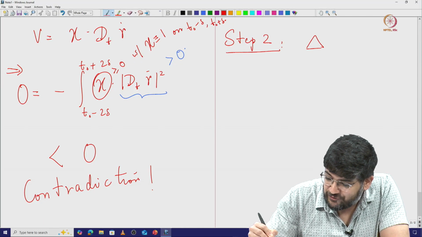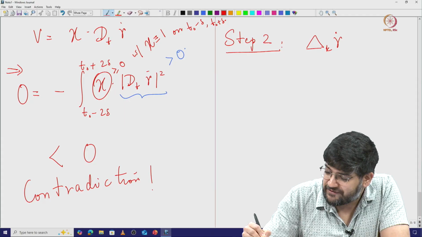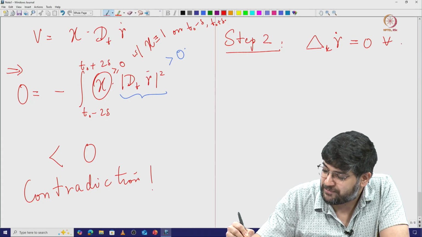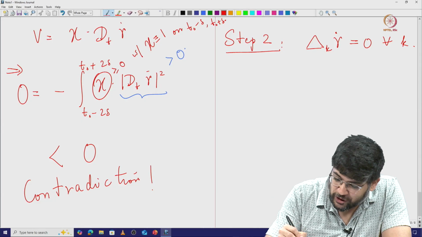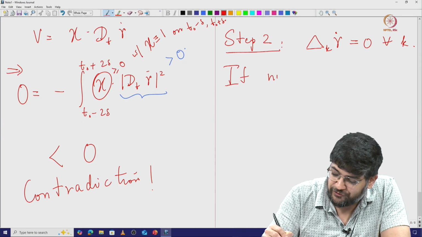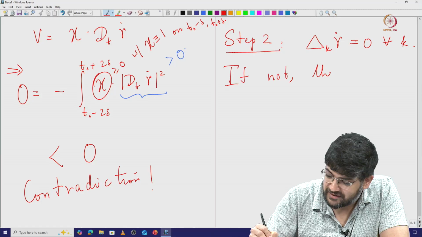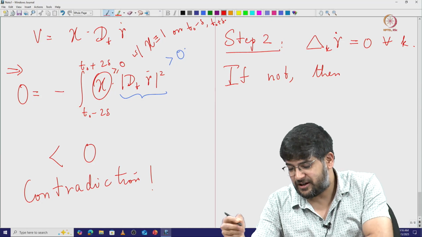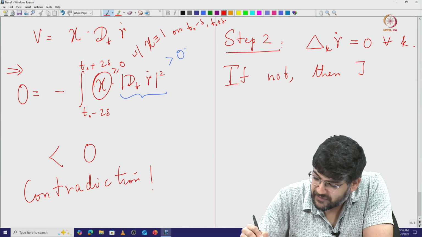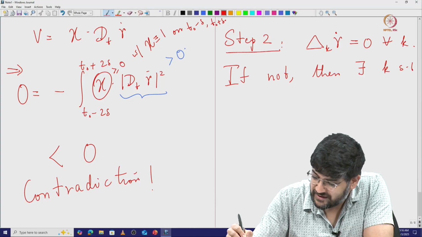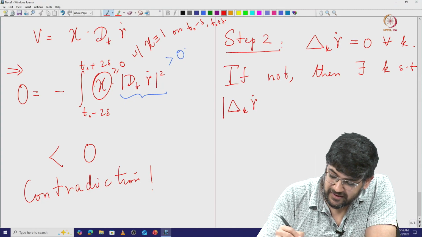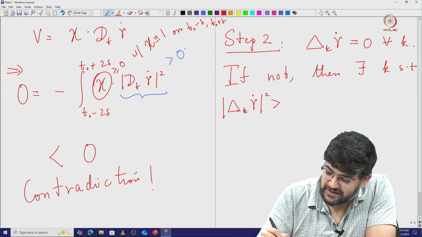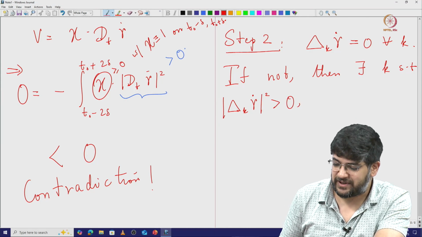Okay. So, the second step is to show that in fact the jump in the velocity vectors are all 0 for all k. Again we argue by contradiction, it is a similar proof. So, if not, then there exists a k such that if you take the norm squared of this it is strictly positive, right.